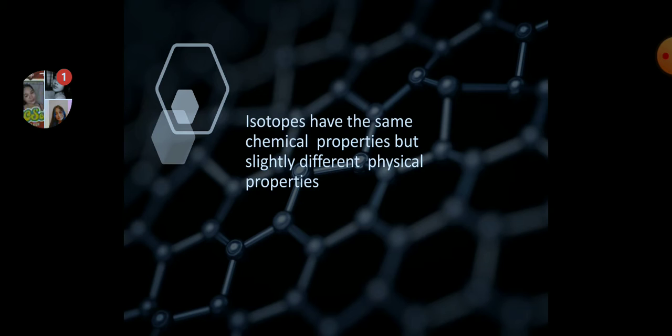So isotopes have the same chemical properties but slightly different physical properties. Actually, class, I've read some books, no? Parang may konting slight difference lang talaga sa physical property, and sobrang hindi mo na masyadong manonotice. So, you might be wondering, sir, kung ganon, ano yung difference ng mga isotopes from each other?